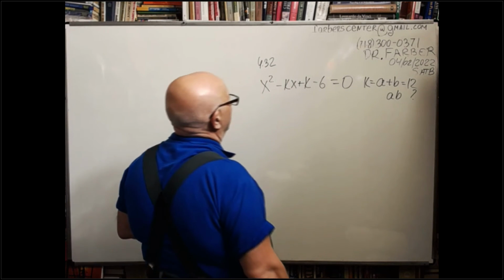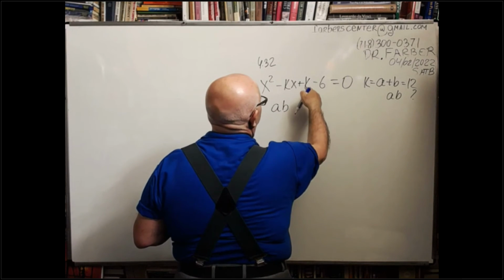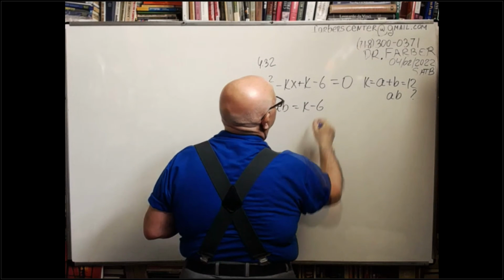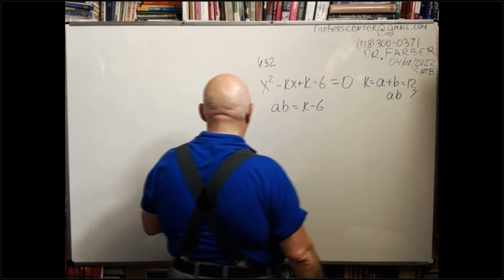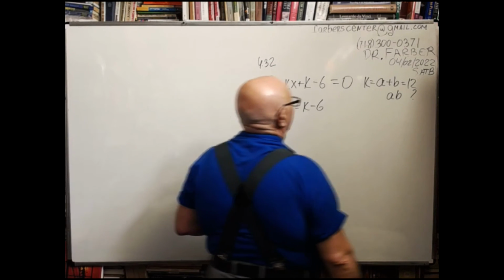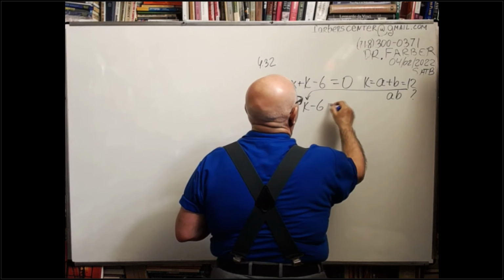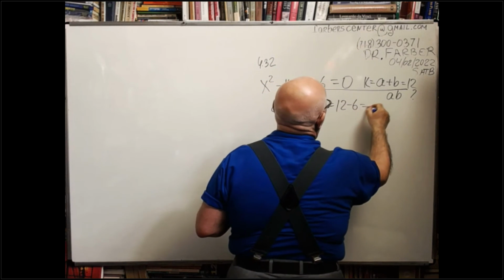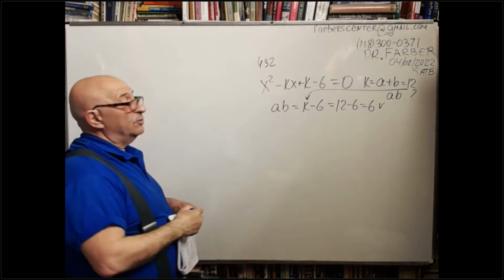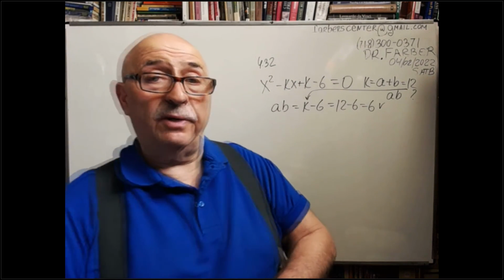What is ab? ab is this term, k minus 6. But since k equals 12, it equals 12 minus 6, which is 6. Again, François Vieta's theorem. We used this in today's test a few times, right? Maybe 4 times.